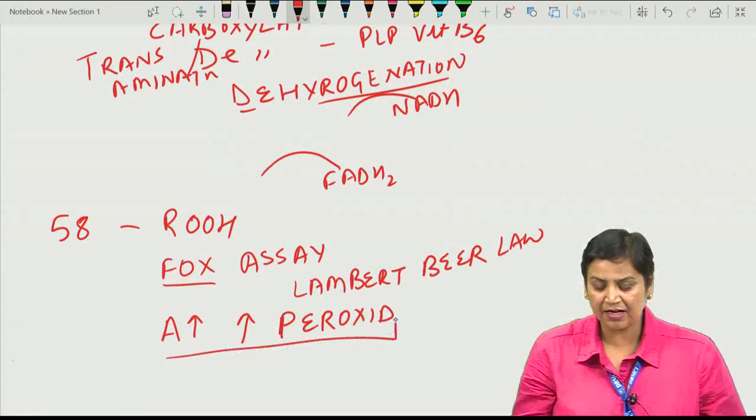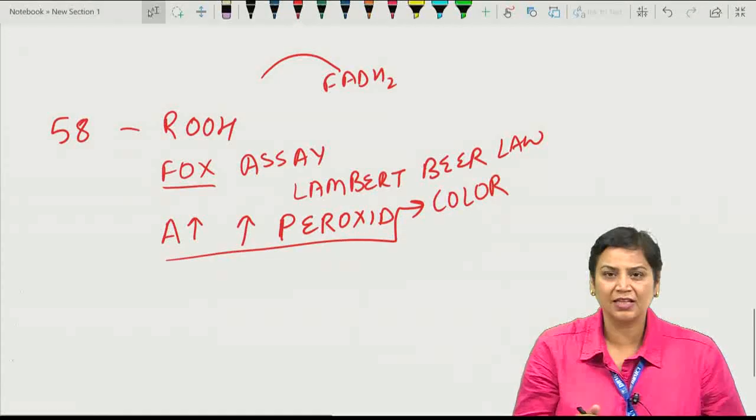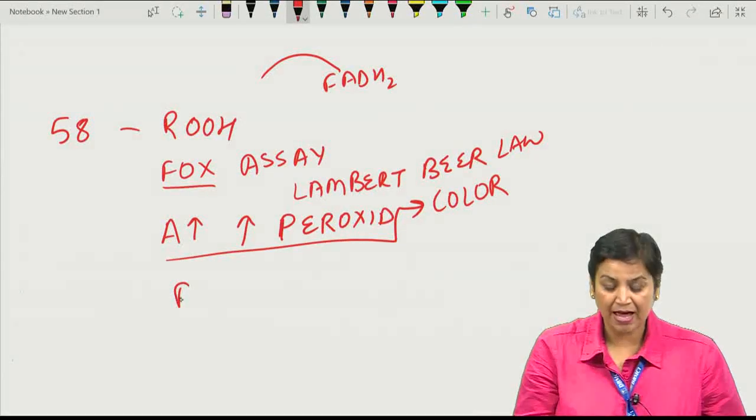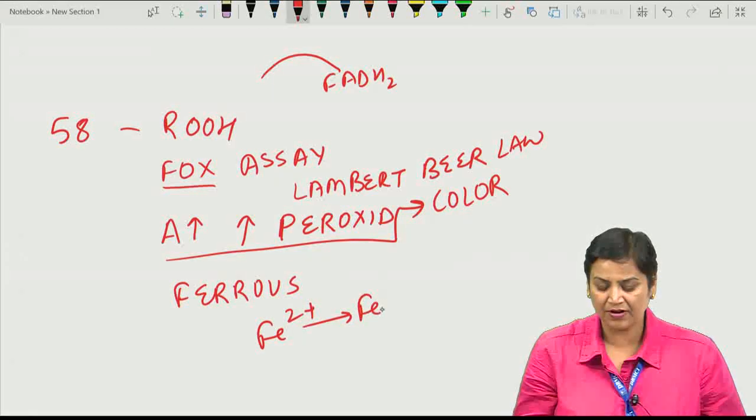And this is basically evaluated by the formation of colored products. So here FOX is nothing but iron, oxidation of ferrous from Fe2+ to ferric ions in the presence of xylenol.